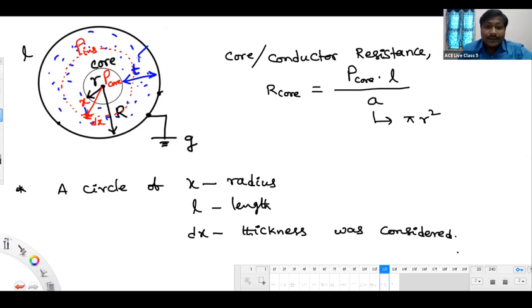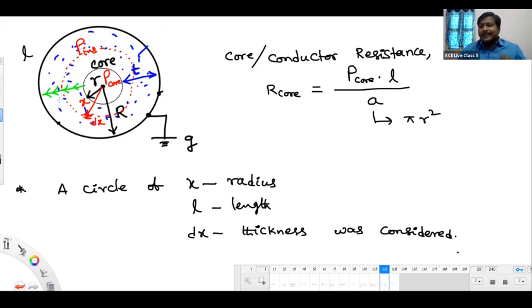It is horizontal, not vertical, because the insulation current is flowing from core to sheath. This is the direction of the current flow.